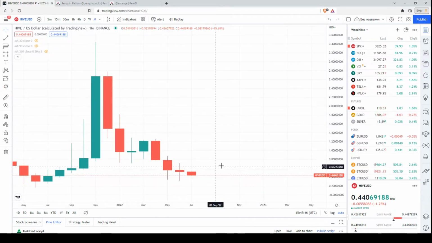Then the correction intensified, and since then there has been a sequence of candlesticks with descending maximums, and to some extent with descending minimums. So it confirms the bearish pressure or the bearish sentiment.